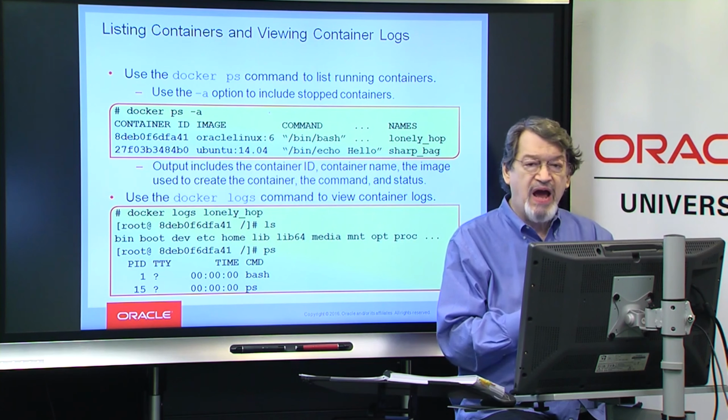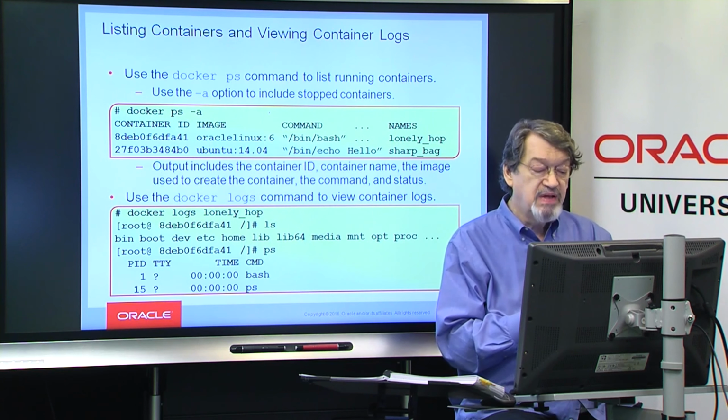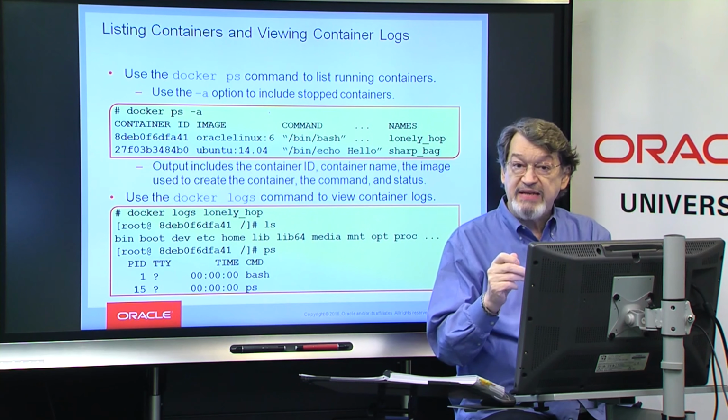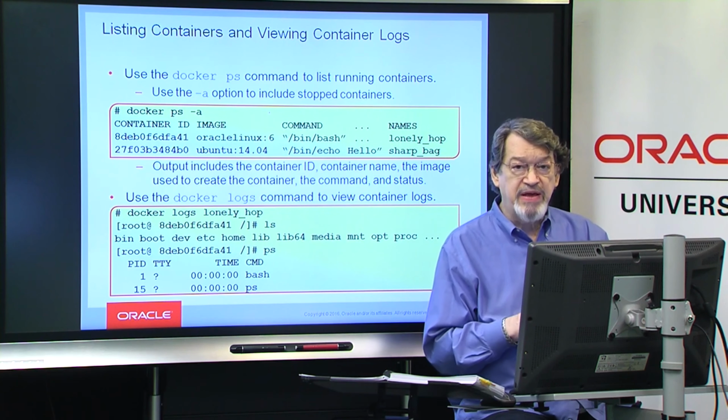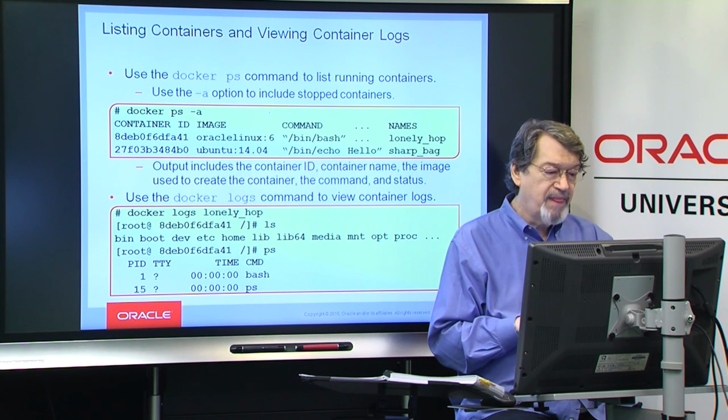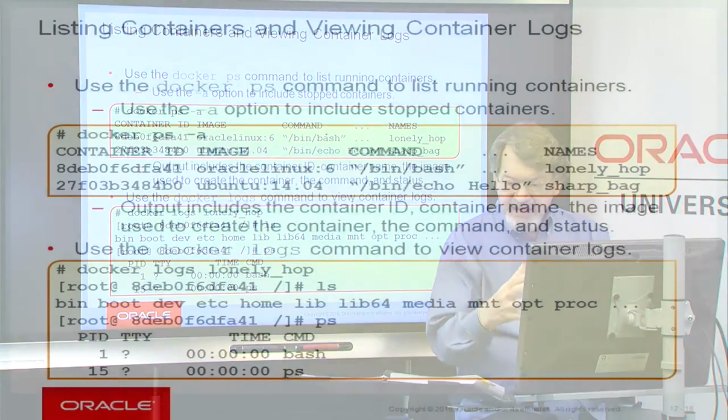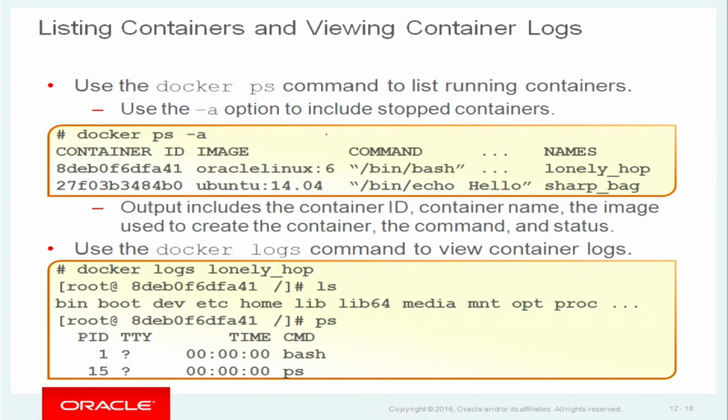Here we have a docker ps command, process status, just like the ps command that you've been running at the command line. But that ps command line tool is really not Docker aware, okay? And so you'll use the ps command from inside of Docker, all right?